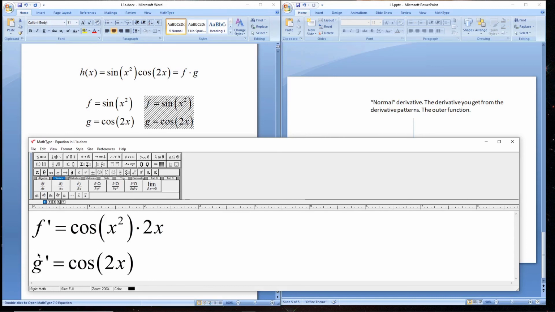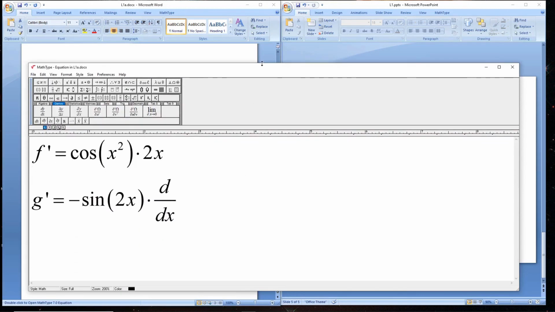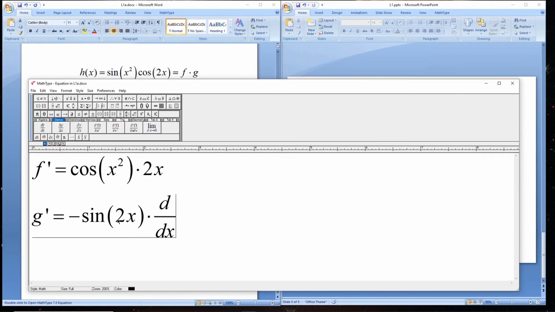So let's check out this one, the derivative of g. The outer function here is cosine. And what's the derivative of cosine? It's minus sine. And so we did the straight derivative. We did derivative of cosine is minus sine. And now the chain rule says, cool, but you've got to take the derivative of the argument.